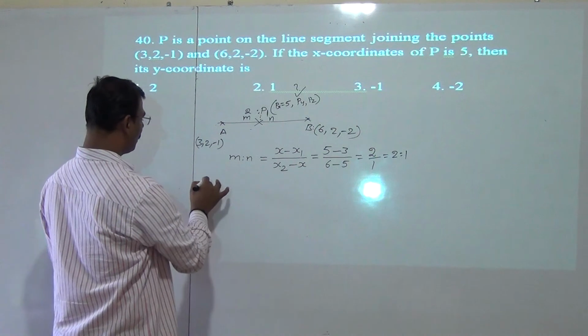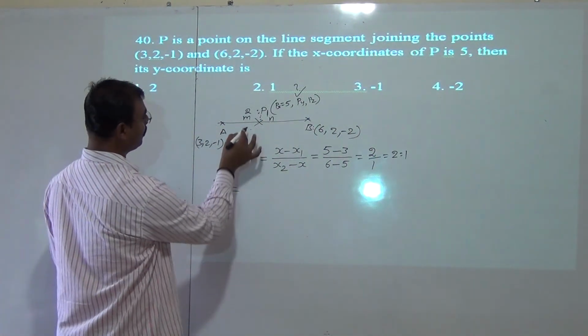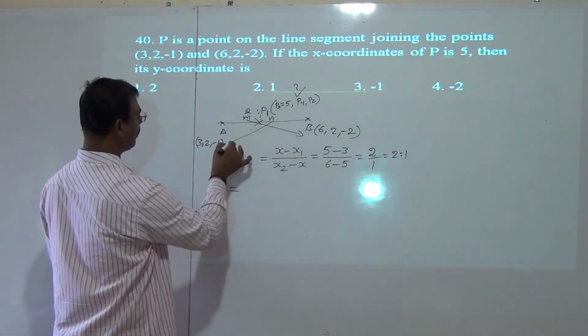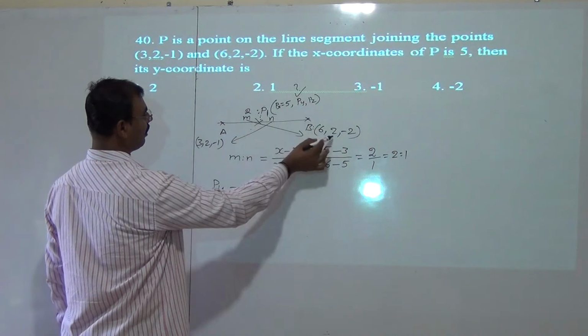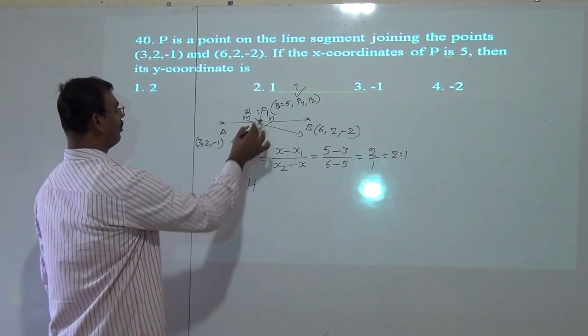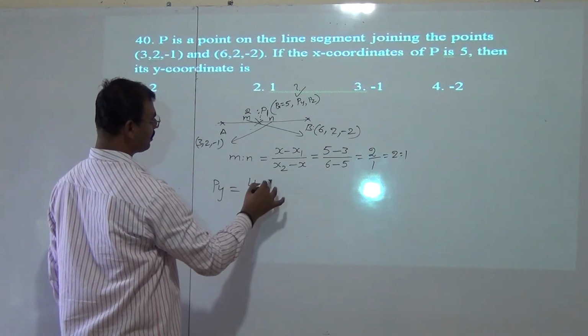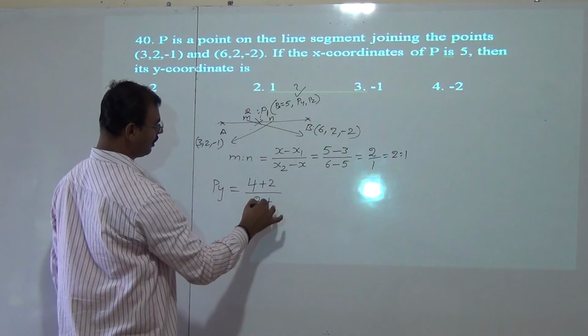So which coordinate is being asked? Py is asked. So use the section formula now. M is 2, so 2 into 2, the y coordinates only, 4, plus 1 into 2, that is 2, divided by 2 plus 1.